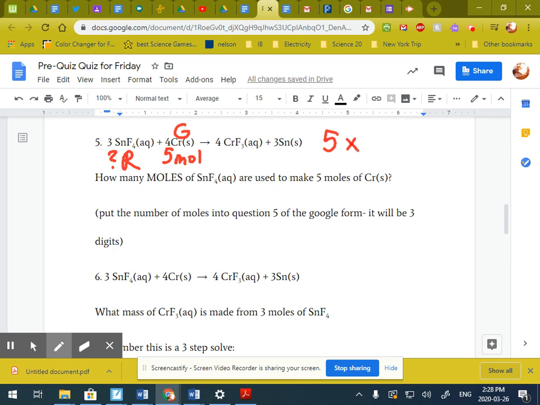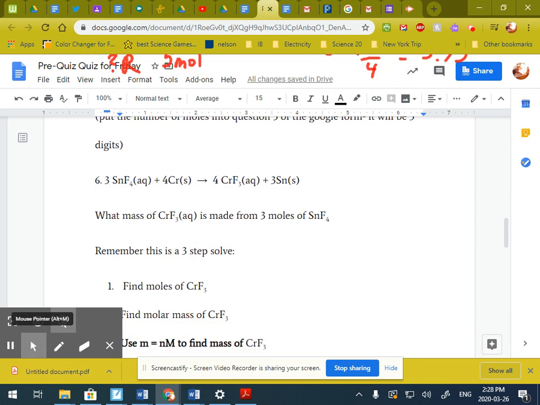We go 5 times required over given, 3 over 4. 5 times 3 divided by 4 is 3.75. That's why in the Google form it said 3 digits. 3.75.